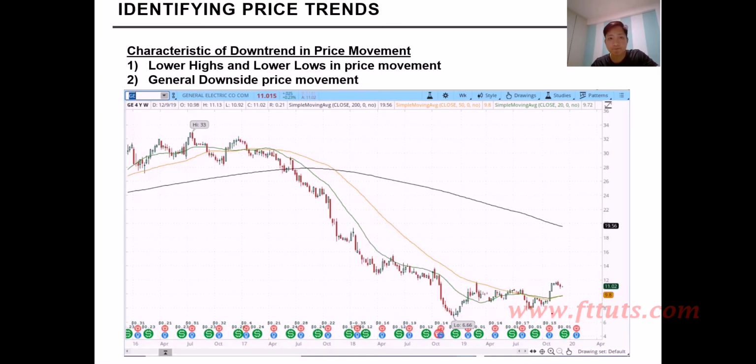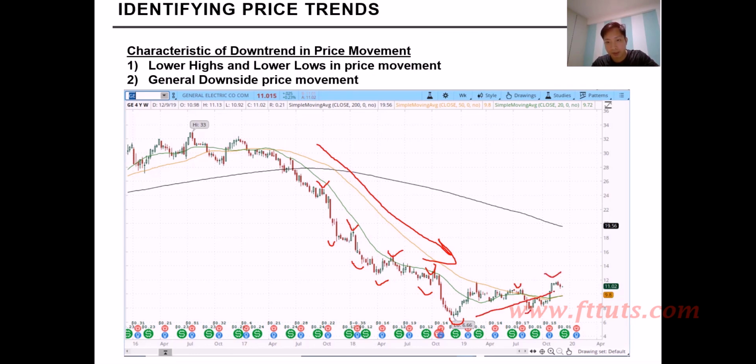All right. So this is another example of price making lower lows, general price direction down, right? Lower highs, lower lows, until there are no more lows, but you see that suddenly there's a higher high, right?